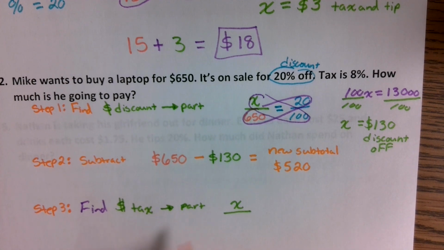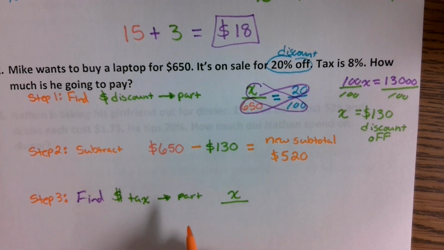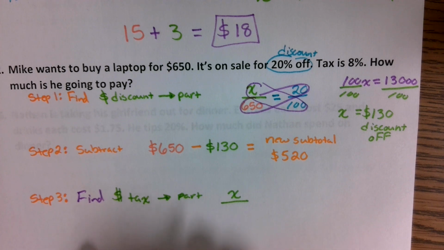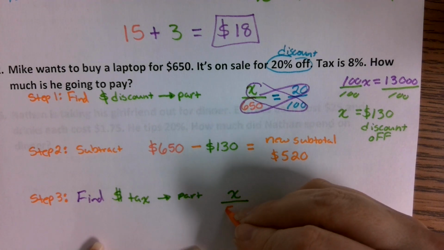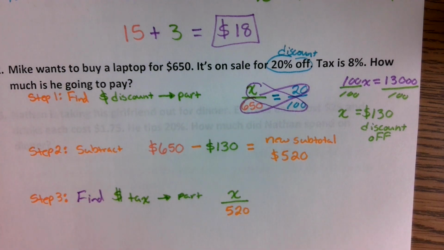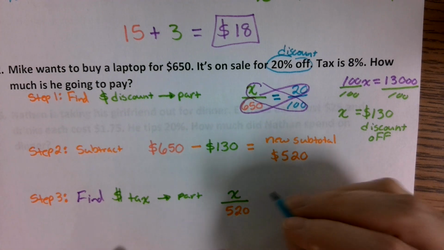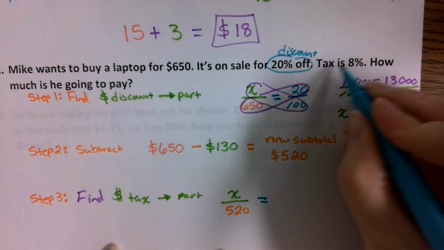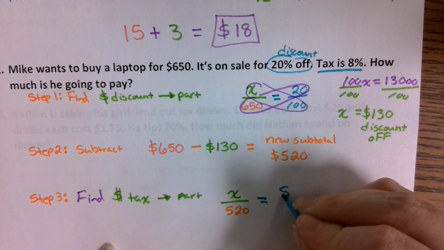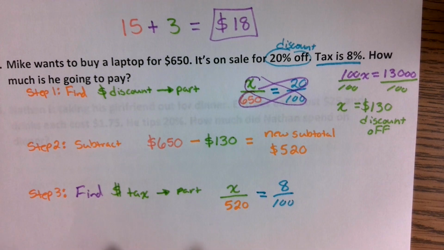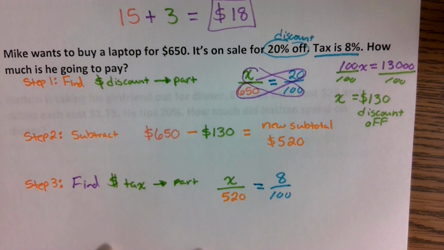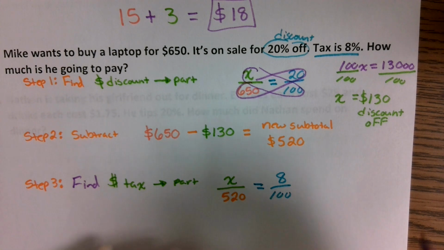So when we are finding tax, we're finding tax based off of our new subtotal, that 520. Be mindful of that. And then our tax is 8% out of 100.